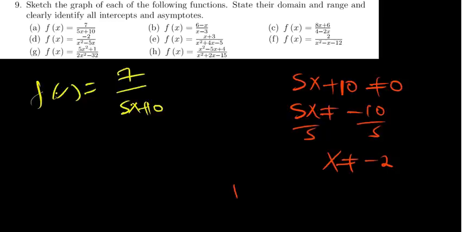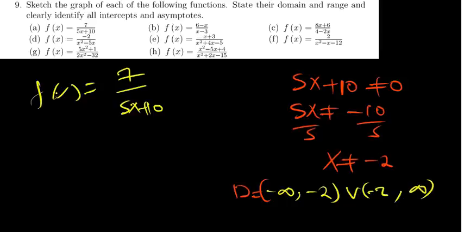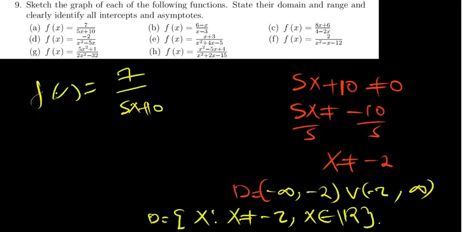Meaning my domain is all the values from negative infinity to negative 2, but negative 2 is not included, union from negative 2 all the way to positive infinity, not included. Or in set builder notation, the domain is x such that x is not equal to negative 2, where x is a member of all real numbers.